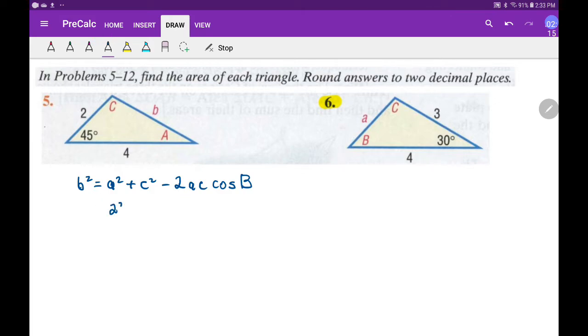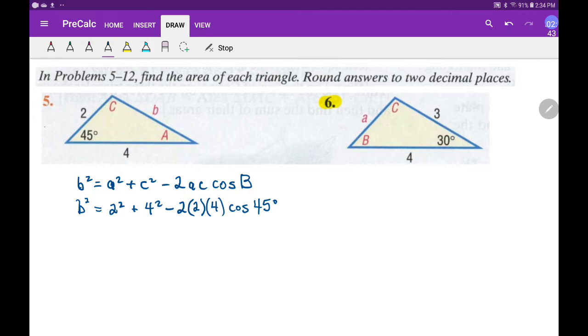A is 2 squared, plus C is 4 squared, minus 2 times A times C times the cosine of 45. And that's going to be B squared. Maybe you can think of an easier way to do this, but it seemed like the law of cosines was the way to go.